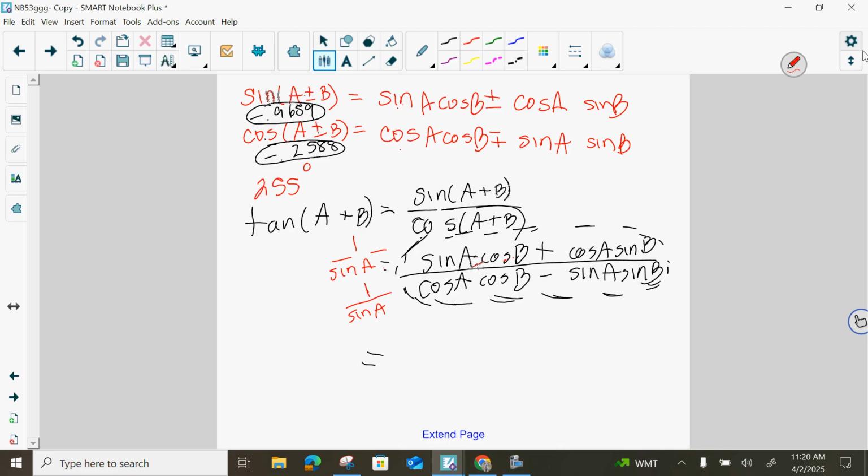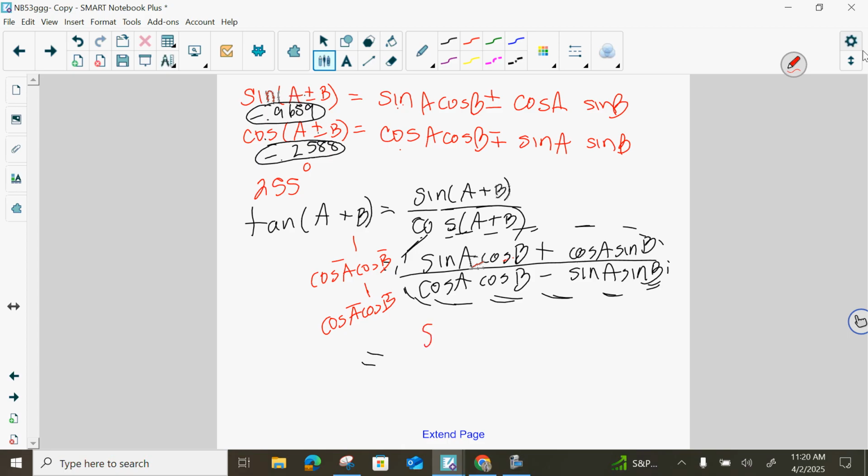Give me something else. Connor? Both cosine? Cosine A, cosine B? That's what it's going to be, right? So hopefully you would think that it's got to have cosine in the denominator, because that's what I need for a tangent. So let's see what I get.